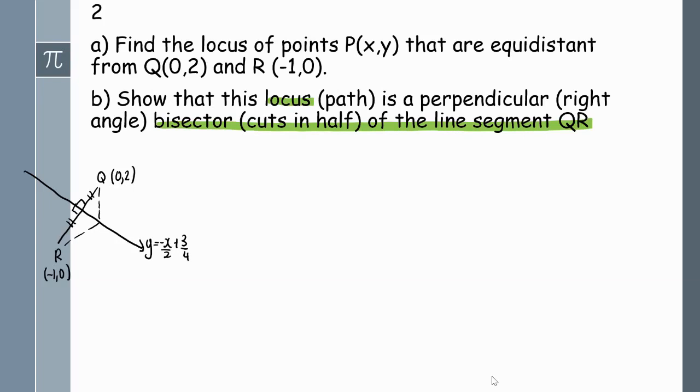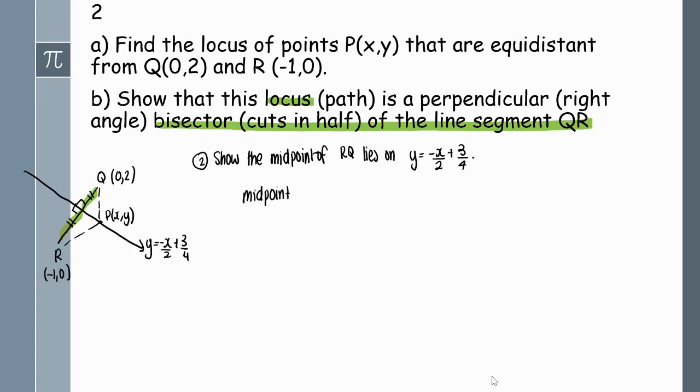If it cuts the line RQ in half, then the midpoint of RQ should lie on my locus. Let's start by finding the midpoint of QR or RQ. So remember, the midpoint is given by x1 plus x2 over 2.